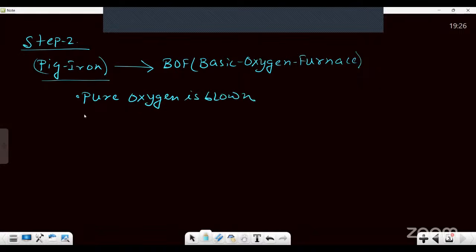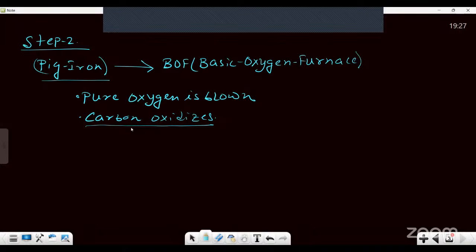And because as we are blowing pure oxygen, the carbon oxidizes. So you see, what happens is that in the iron making process, we have studied what we are using. What is our reducing agent in the iron making? In the iron making, predominantly our reducing agent is the coke.